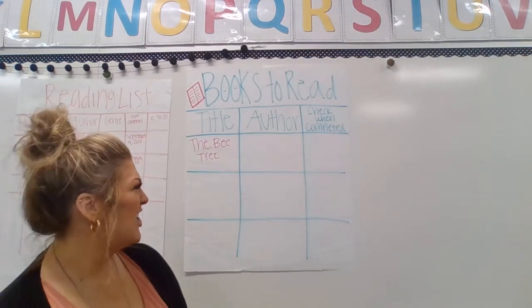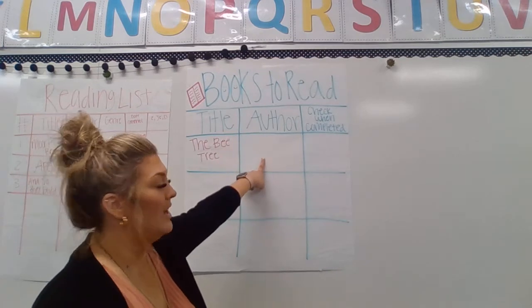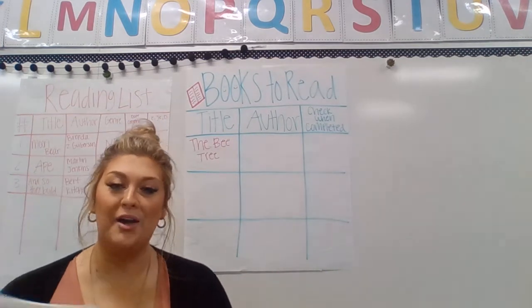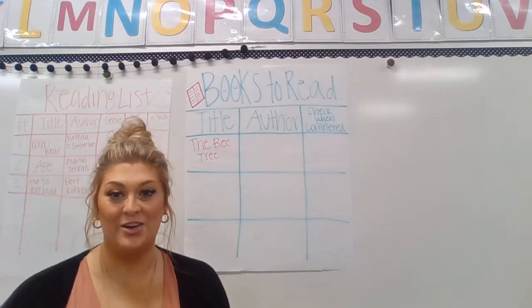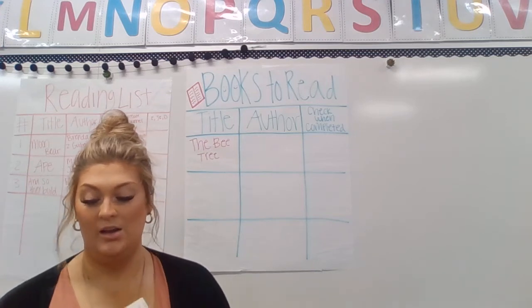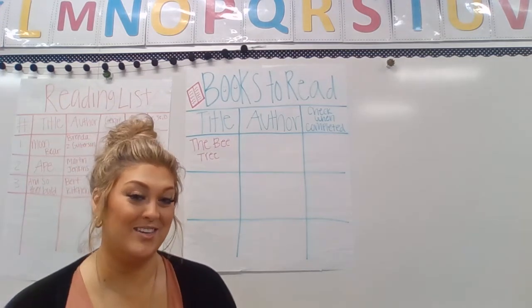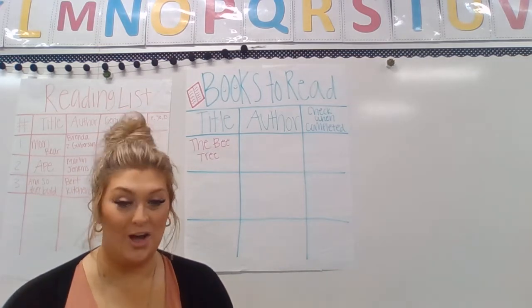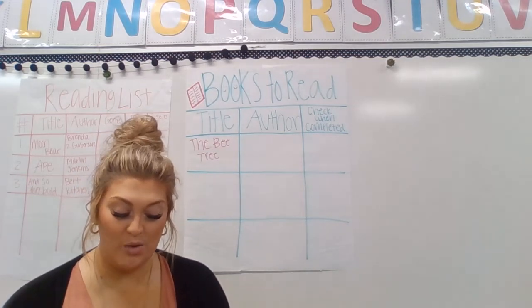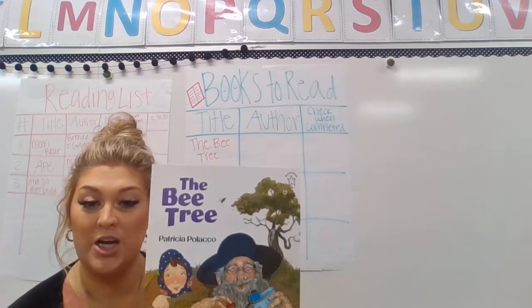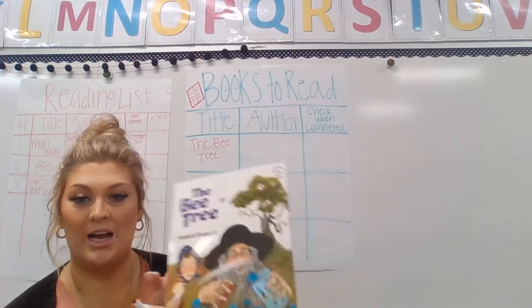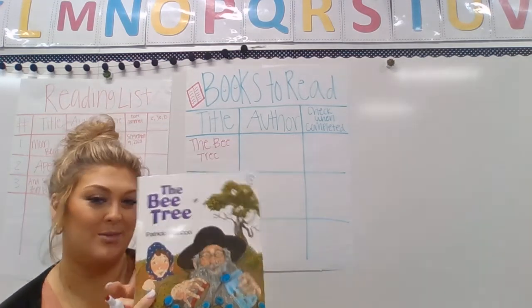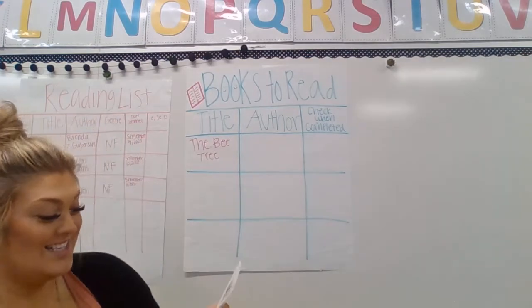Now, our next column is author. So how do we know what to put in that column? Think. What would you put in the author column? You would write the author's name. So the author's name is Patricia Polacco. I'm not sure if Ms. Barker's saying that right.